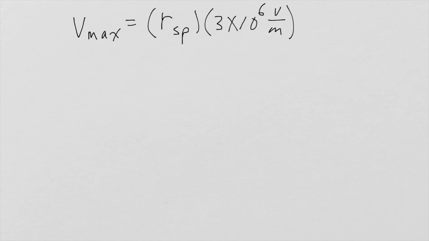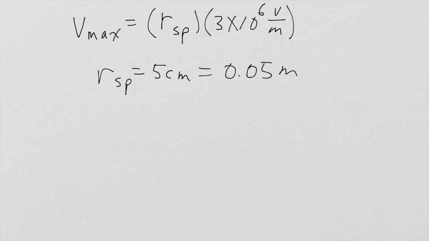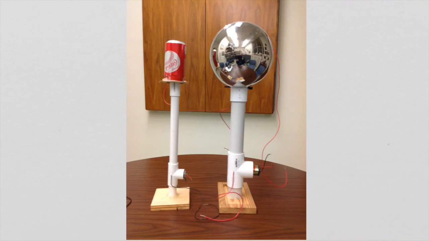So for a sphere with the radius of 5 centimeters, which is 0.05 meters, we see that the maximum voltage that could be obtained would be 150,000 volts. This sphere is actually 10 centimeters in diameter.